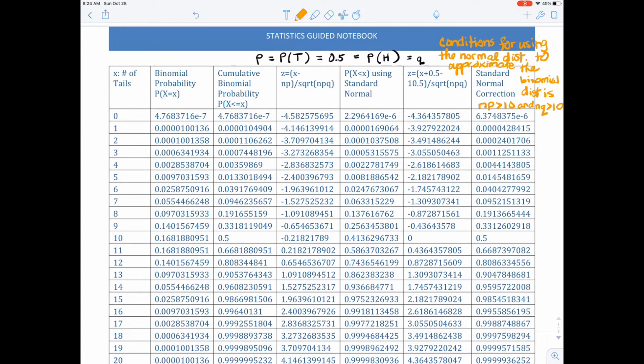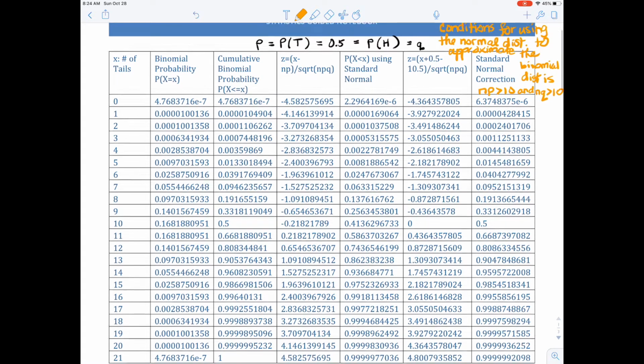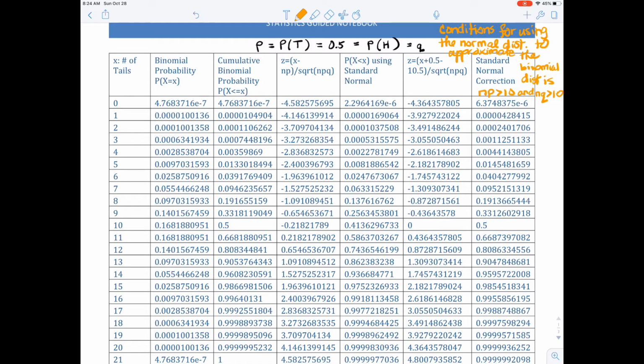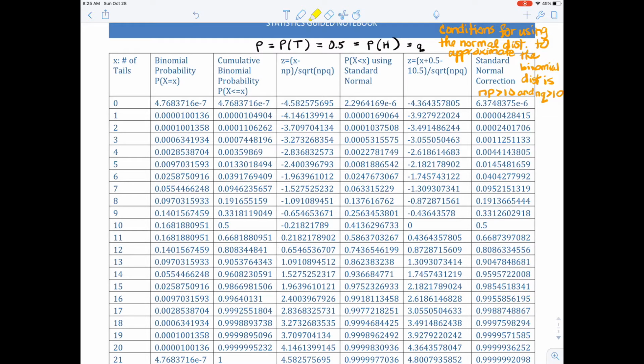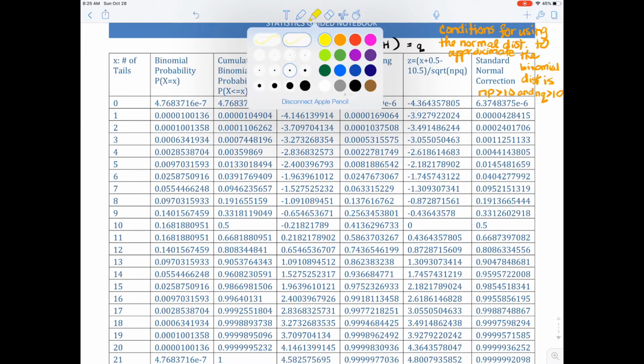Cool? All right, so here we go. Let's take a look. I'm sorry to throw a bunch of numbers at you again, but I think you'll enjoy just checking it out. The very first column, binomial probability, the probability that X equals x, is actually just the number of successes.